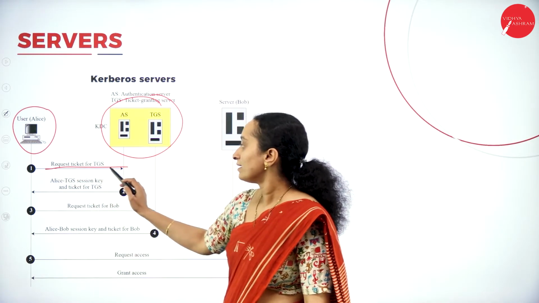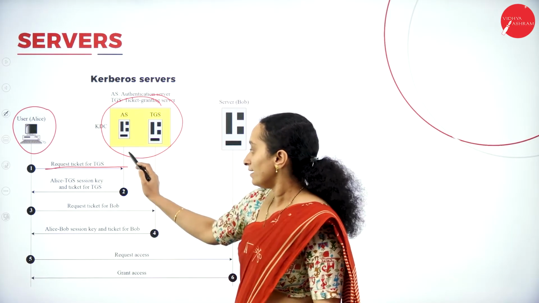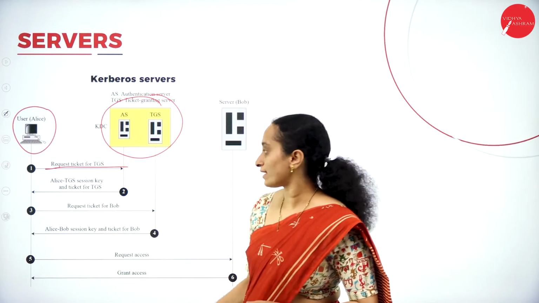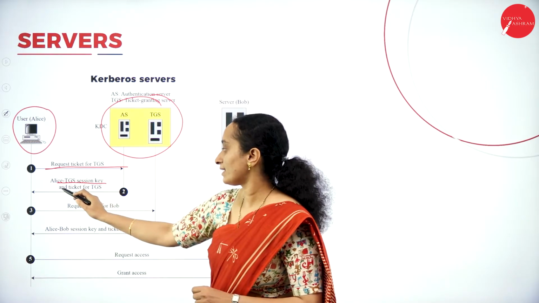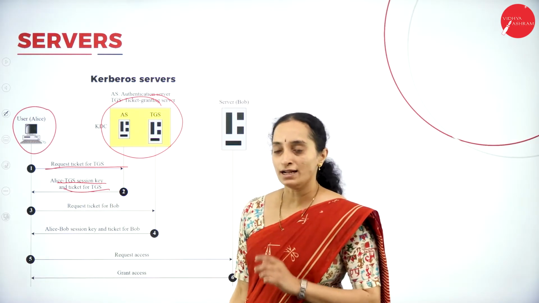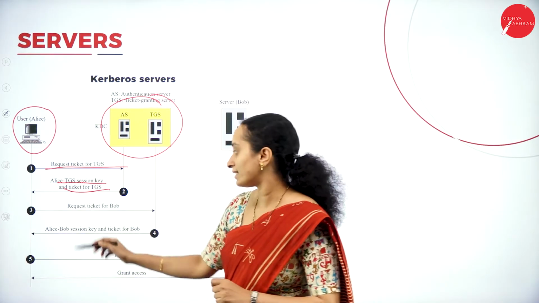So it sends a request ticket for the ticket granting service. The ticket granting service or the KDC sends Alice the TGS session key and ticket for the TGS. So it will be forwarded to Alice or the sender.